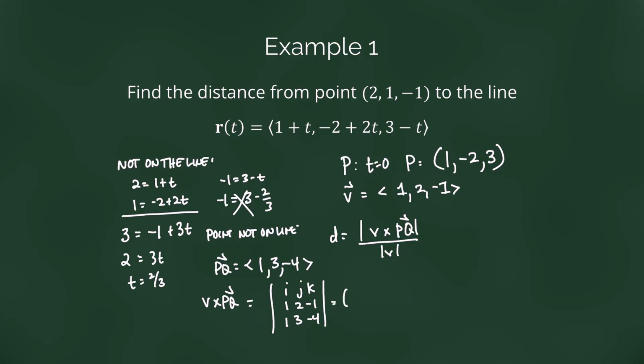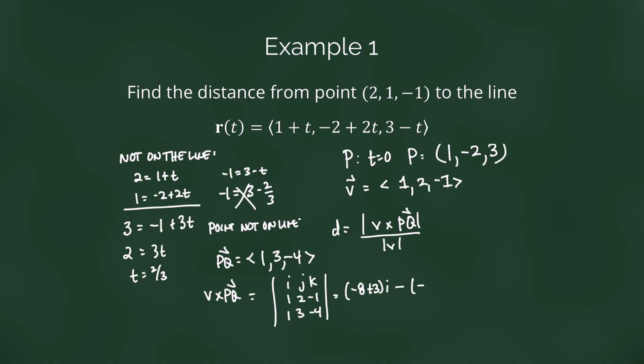And we're going to get, let's see, negative 8 minus negative 3 times i, minus negative 4 minus negative 1 times j, plus 3 minus 2 times k, which is going to be negative 5i plus 3j plus k.